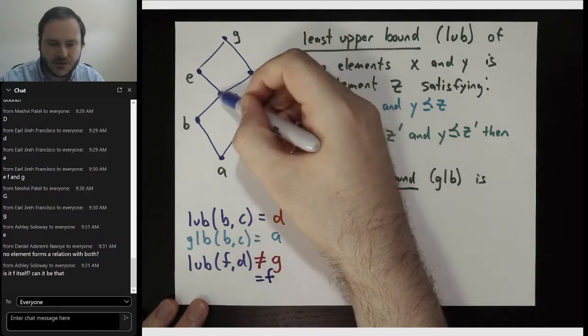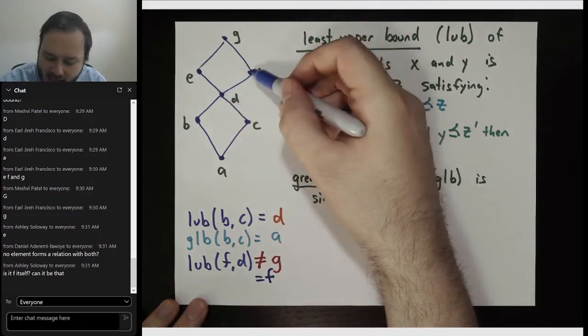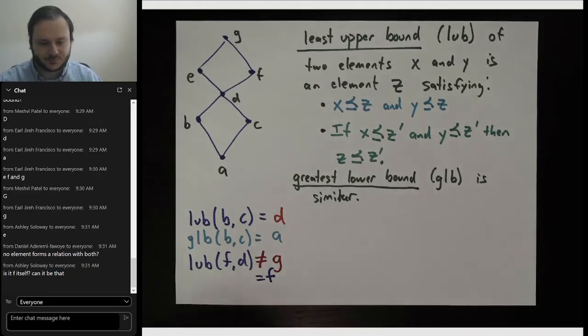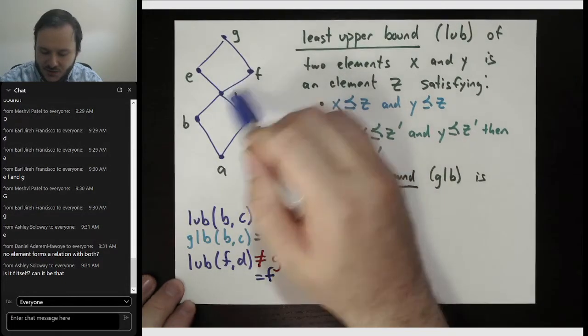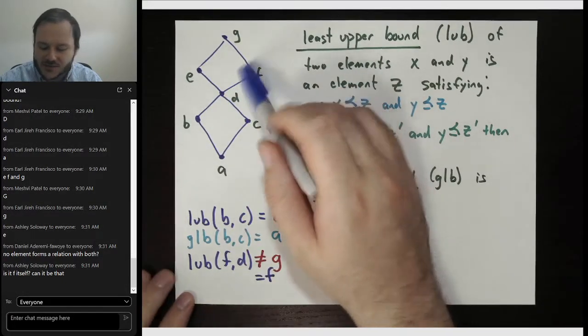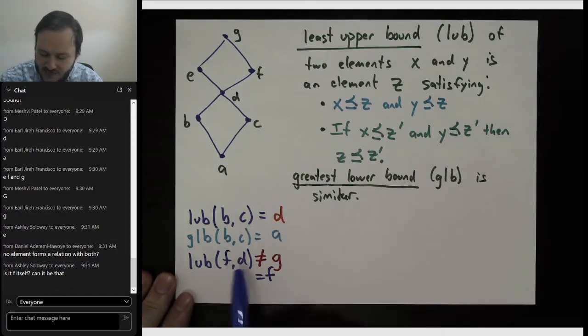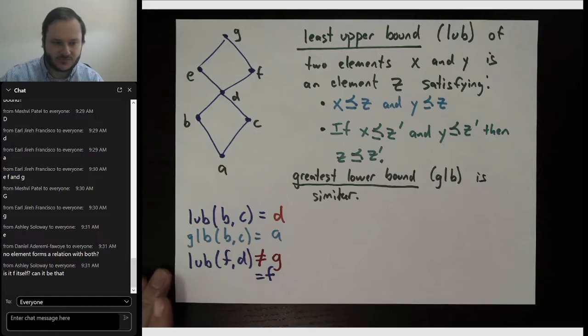Because F is bigger than D, and every element is bigger than itself. Remember, we're in a partial ordering, which means we always have reflexivity. So D is less than or equal to F, and F is less than or equal to F, which means the least upper bound of F and D is F itself.